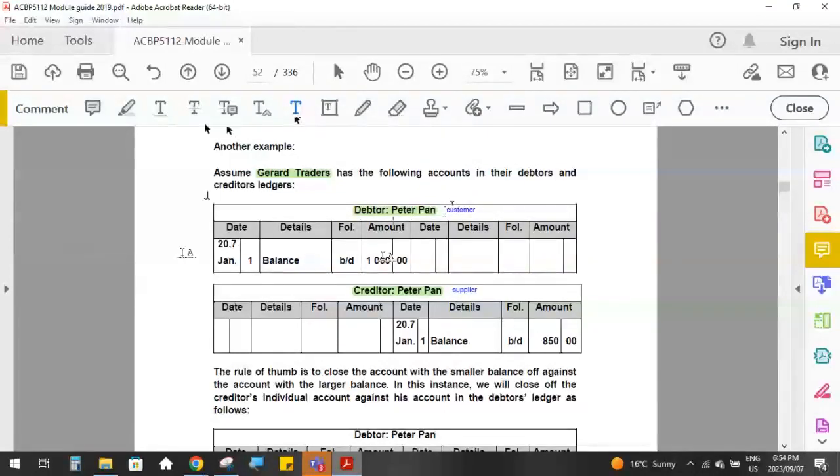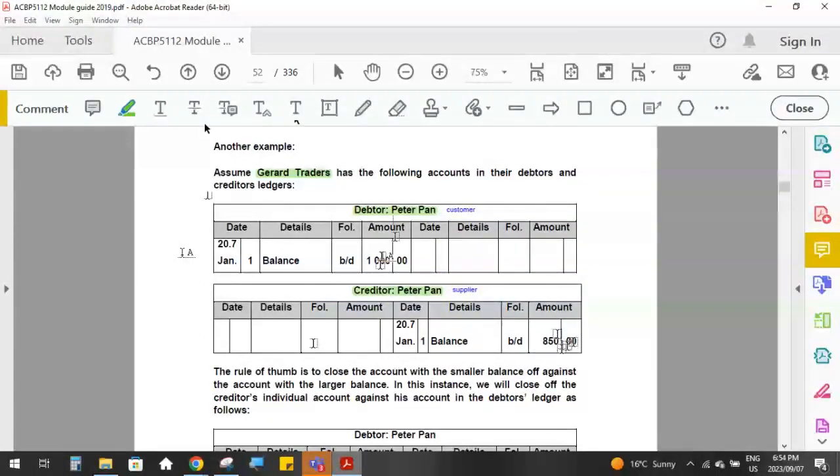So they owe us 1,000 Rand. And we owe them 850 Rand. So again, you have a look to see which is the larger amount. So they owe us 1,000, which is more than what we owe them.